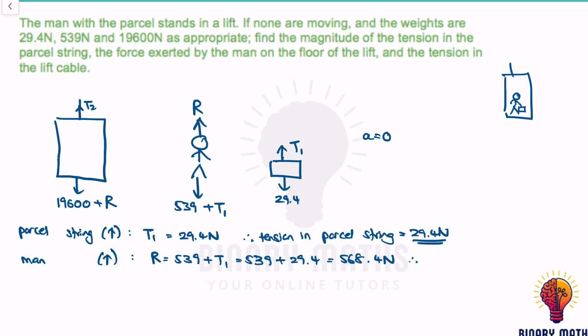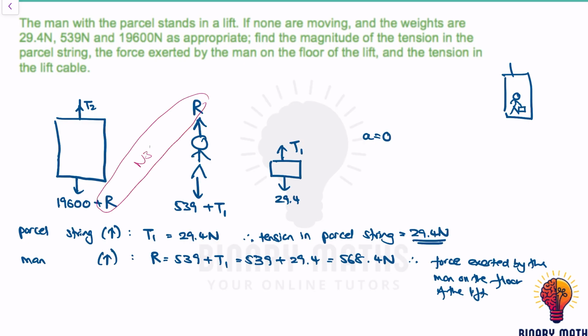Therefore, the force exerted by the man on the floor of the lift, because it's the same as R here, so if you want to see Newton's third law, must be equal to 568.4 newtons.